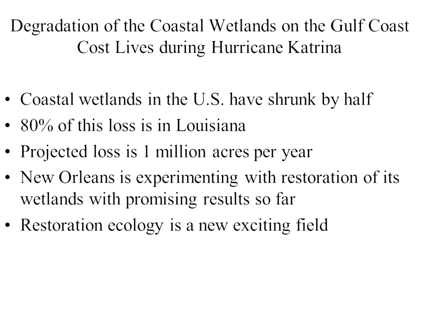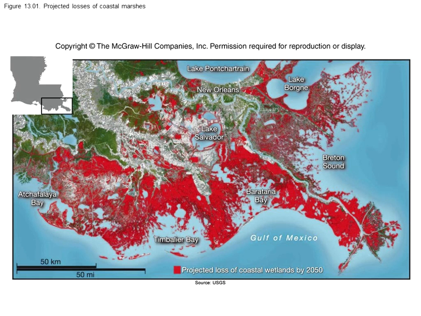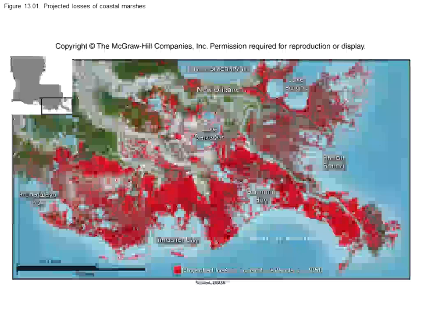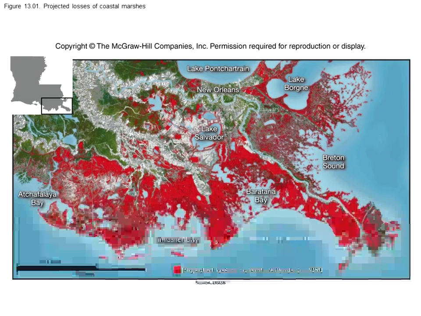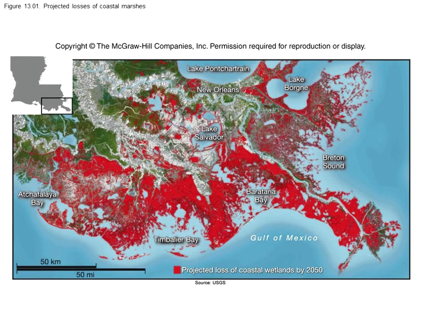So the work continues, but it's an example of how restoration ecology is a new and exciting field. This is a map in your book that has the current and projected losses of coastal marshes in this region.